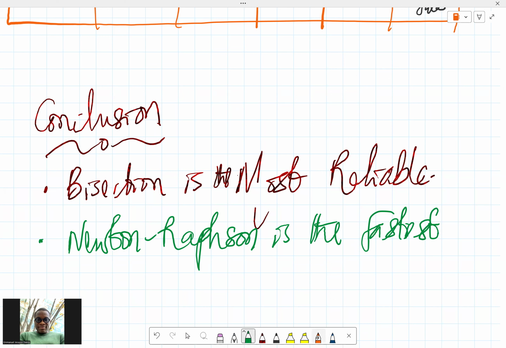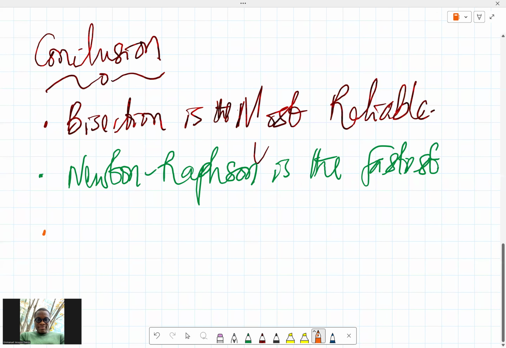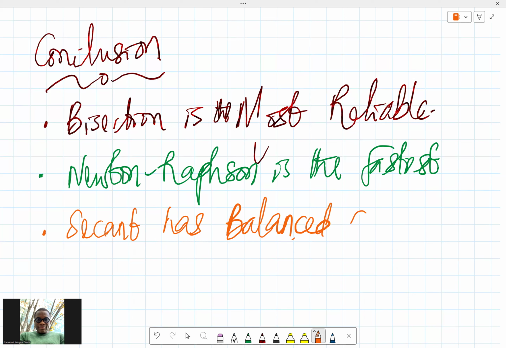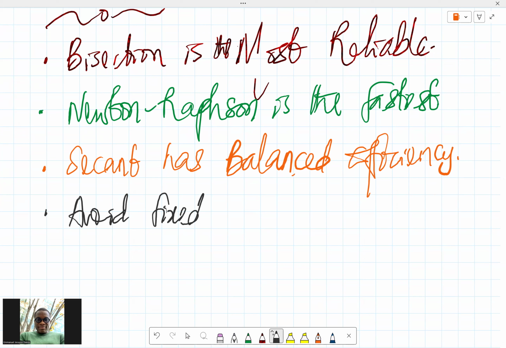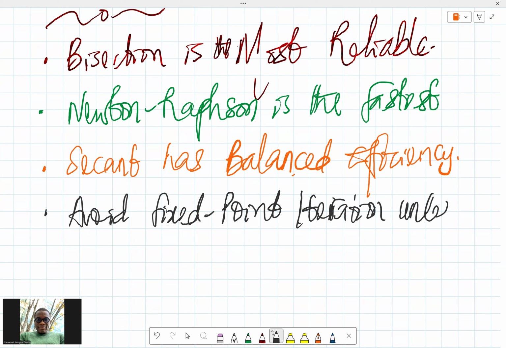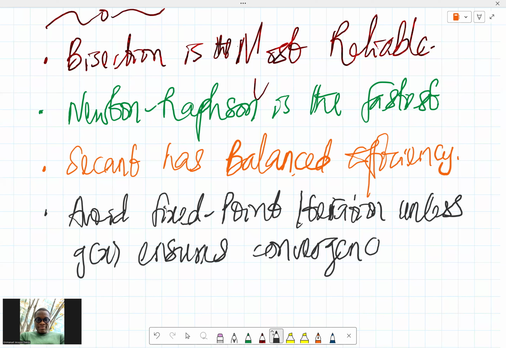Secant has balanced efficiency. And lastly, avoid fixed point iteration unless g of x ensures convergence. Okay, so you can make your choices based on all this information.